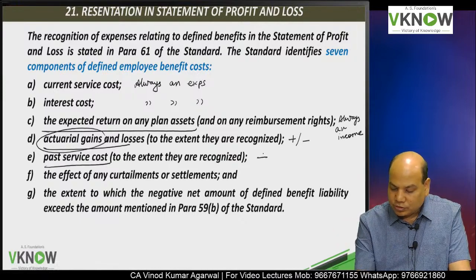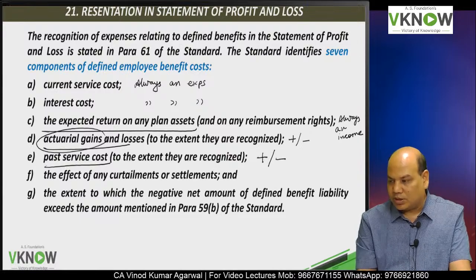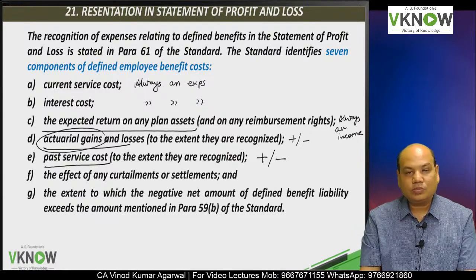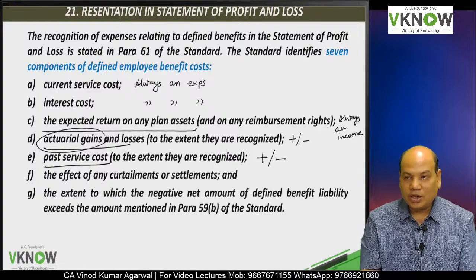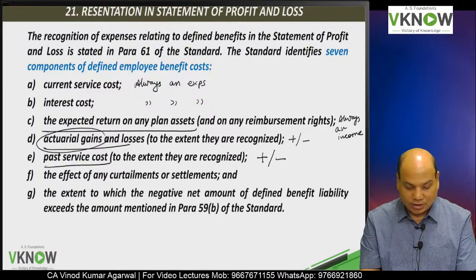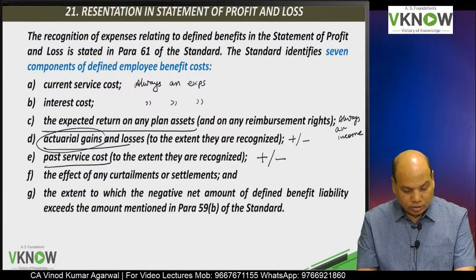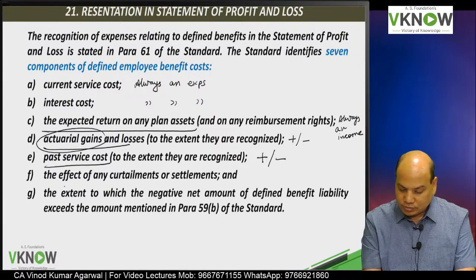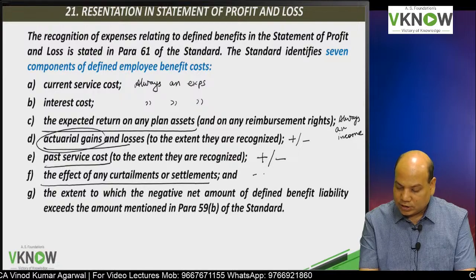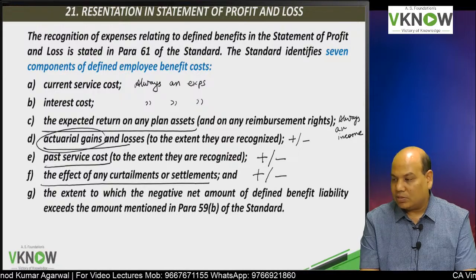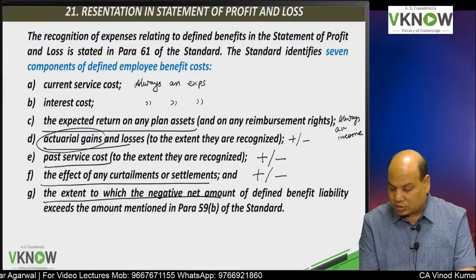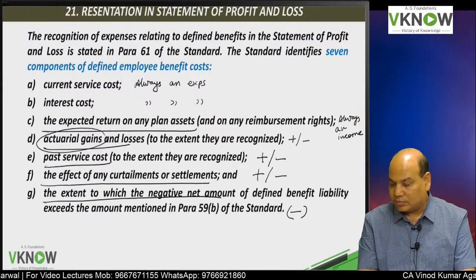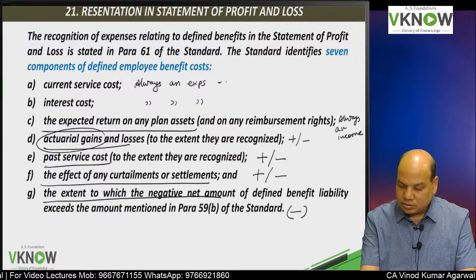Past service cost can be plus or minus. If your liability increases, it is your expense. If your liability decreases, it is an income. Then effect of curtailment or settlement can be gain, can be loss. And this is always loss.